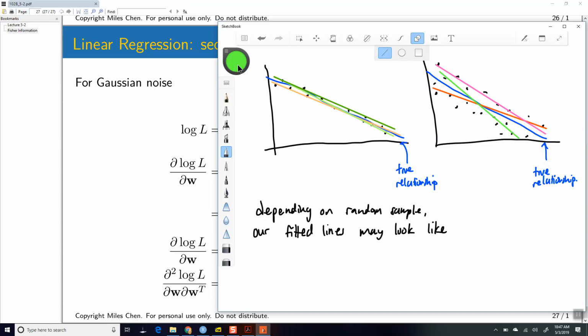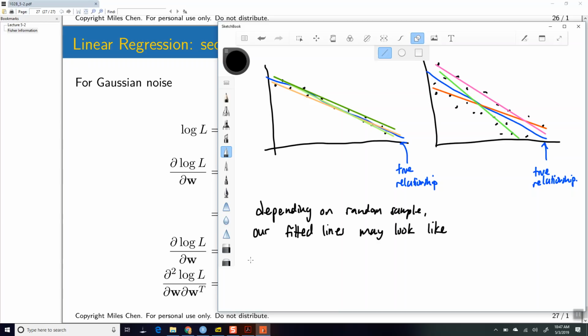And so basically, and I think this makes intuitive sense, when we have less noise, we can be more confident about our estimated slope and intercept than when there's a lot more noise in our observations.